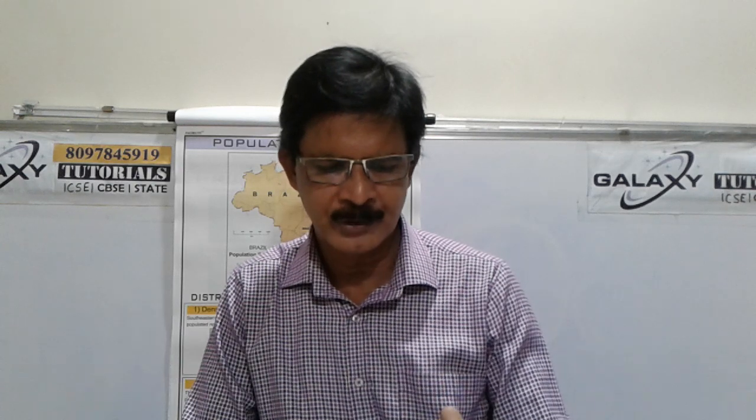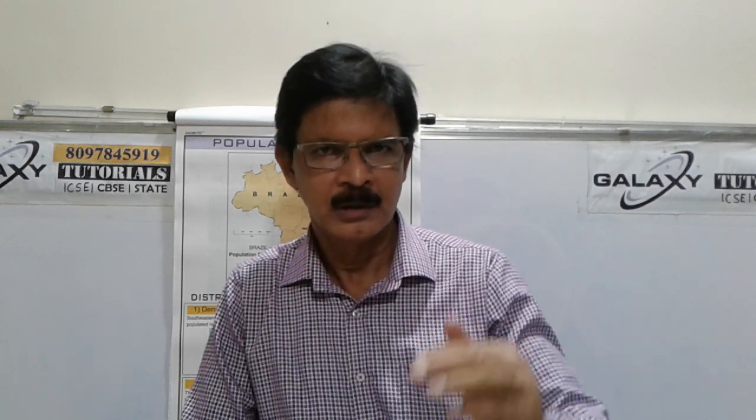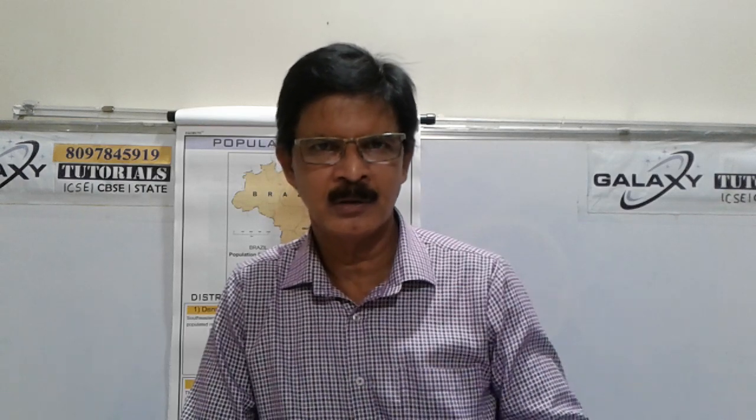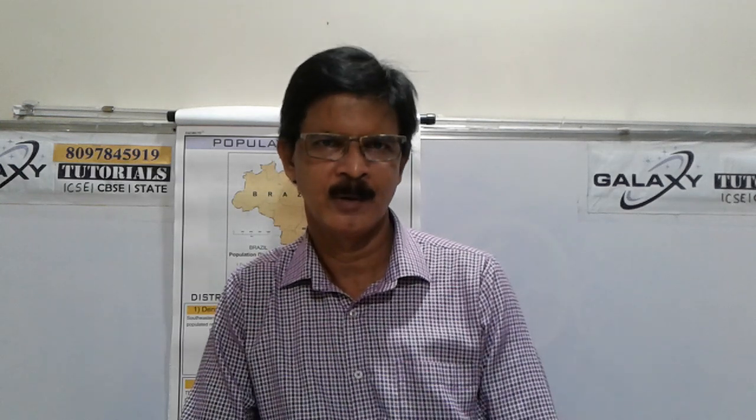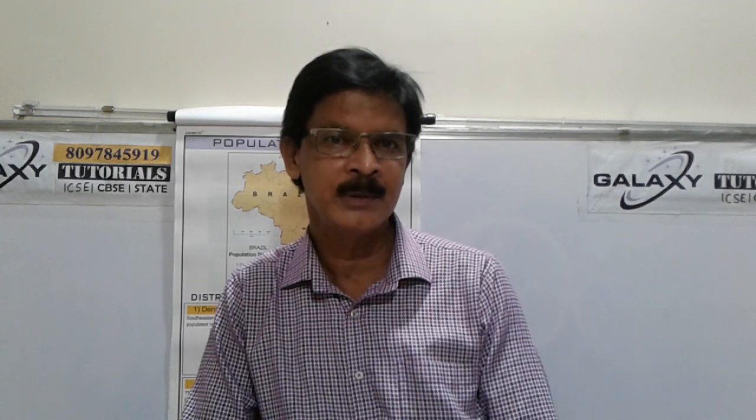And now after 2001 you see a ray of hope that the growth rate is slowly decreasing. But though the growth rate of population of India is decreasing, the number of the population of India is not decreasing. Why? What may be the reason?